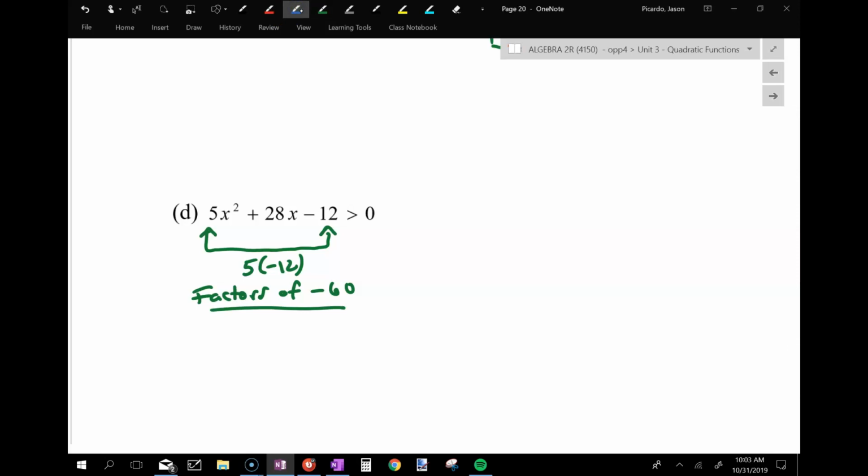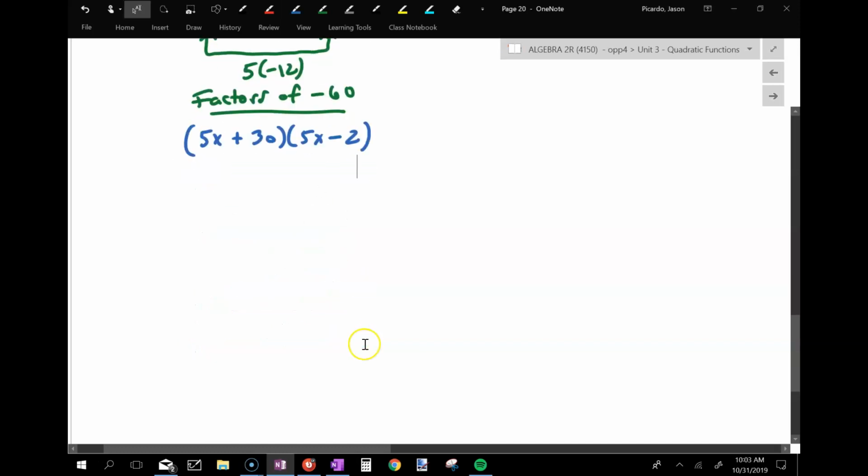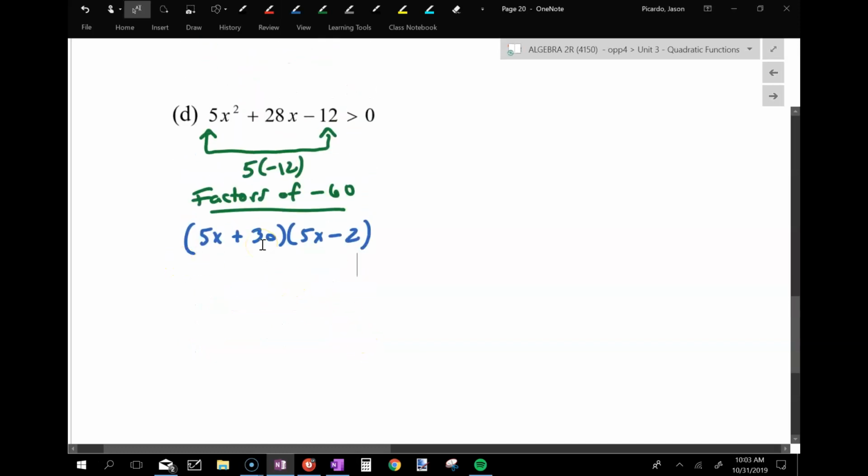Looking for the two that add up to be 28. 30 and -2. Very good. So I have a 30 and a -2. 5 goes into 30, so that becomes x plus 6. And the 5x minus 2 stays.